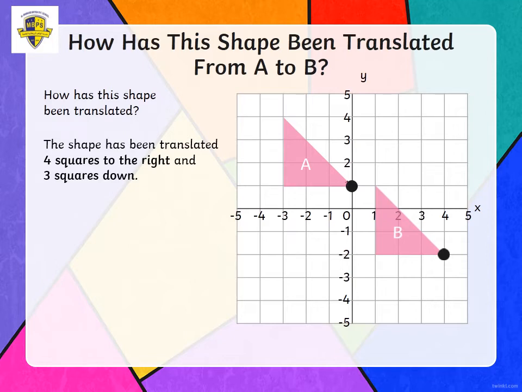Good. Then we move it right to 4. So this is 4 steps to the right. Then how many down? It was on 1. Now on -2. So this is 1, 2, 3 steps down. So the translation here: 4 squares to the right and 3 squares down.